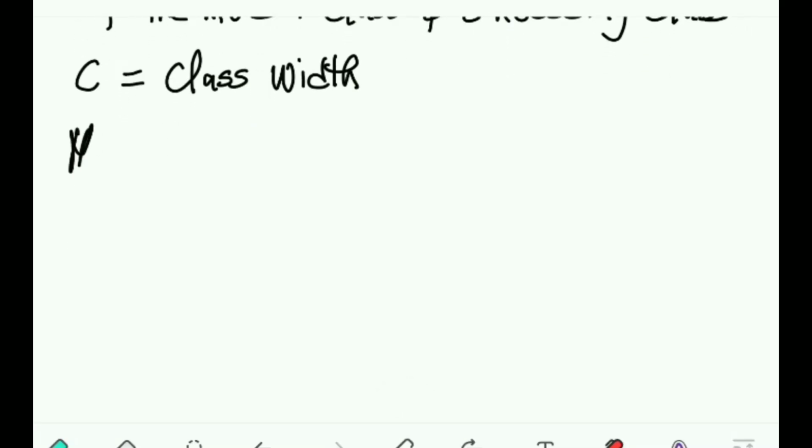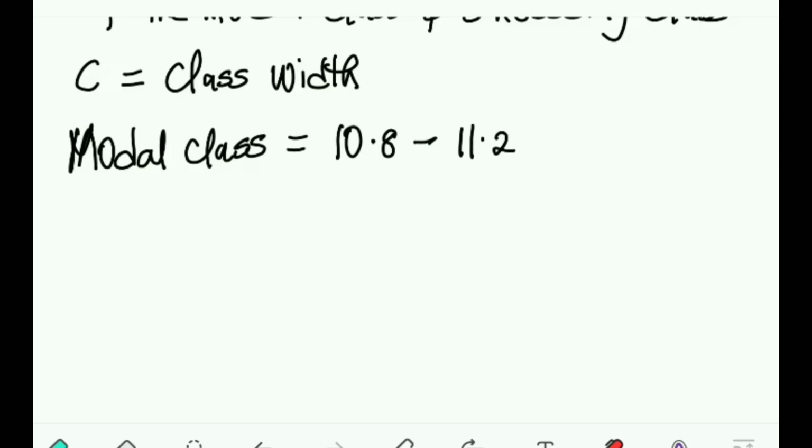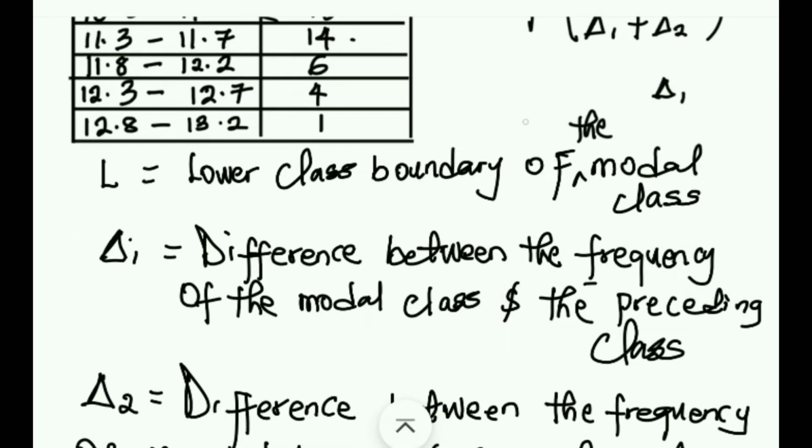The modal class here is 10.8 to 11.2. We're interested in the lower class boundary of this class. So how do we get the lower class boundary? Let's consider the class before this modal class.